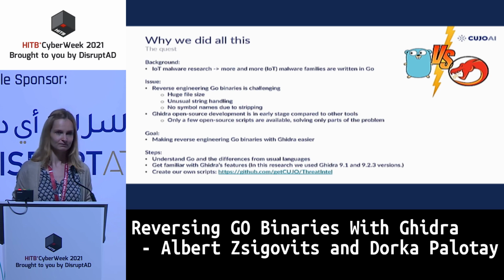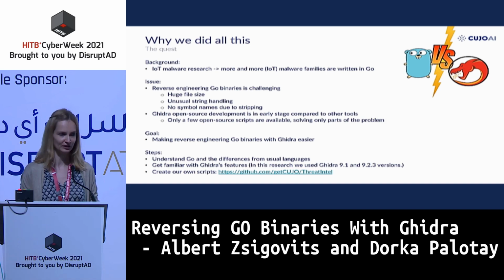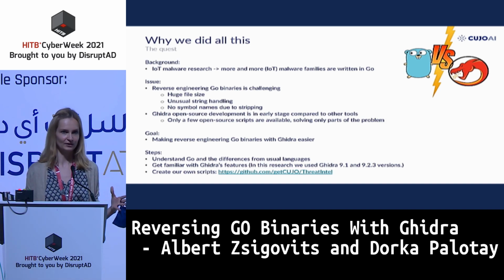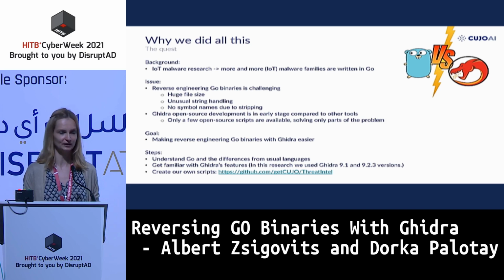The issue is that reversing Go binaries is challenging. First of all, these binaries are usually much larger than binaries written in C, for example. We will see examples for that later on. And they have unusual string handling and other issues that we really have to consider.